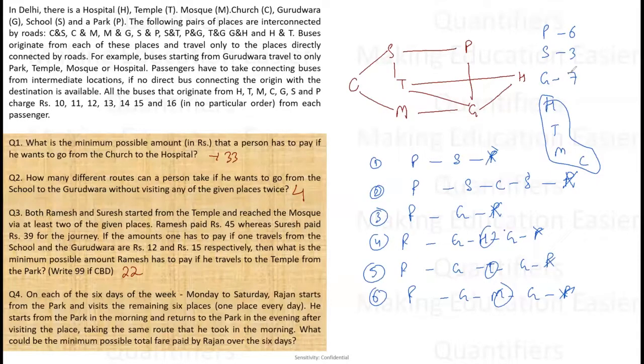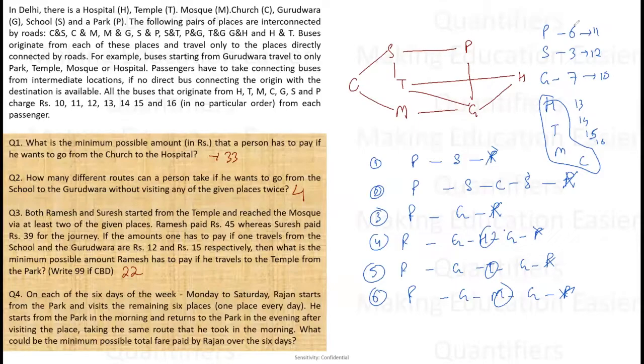So now G is used the maximum number of times. Since G is used the maximum number of times, I will allocate 10 rupees to G, 11 rupees here, 12 rupees here, and then 13, 14, 15, 16 in any manner, because ultimately I'm going to add them only.